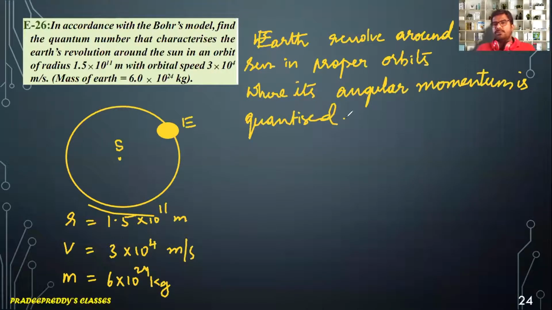So wherever the positions of angular momentum is quantized, in only those probable orbits, Earth will be revolving around the sun.